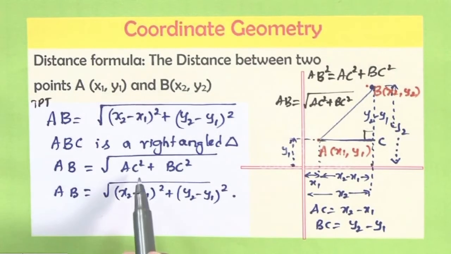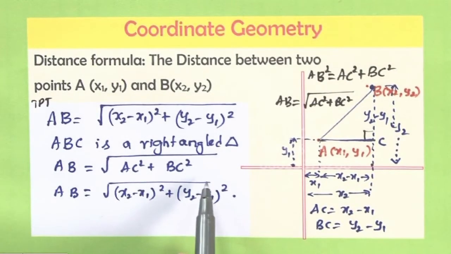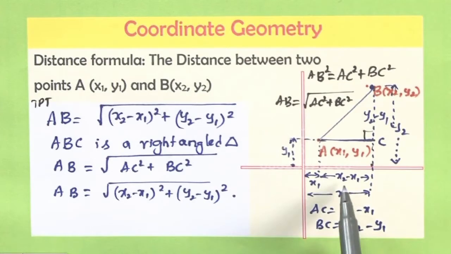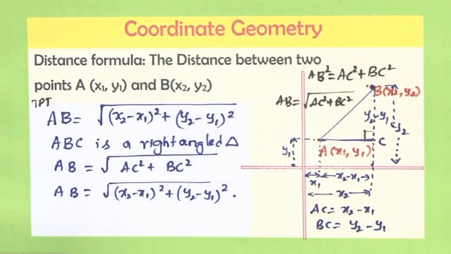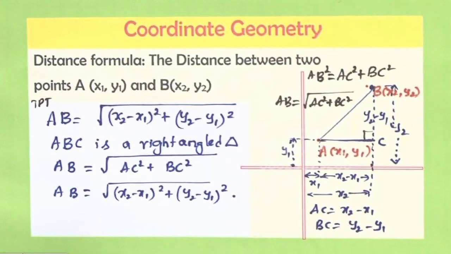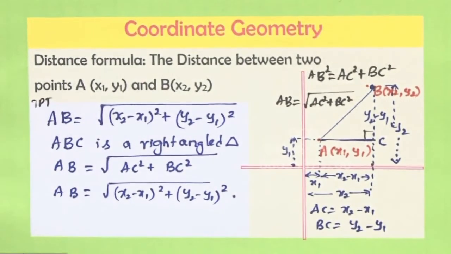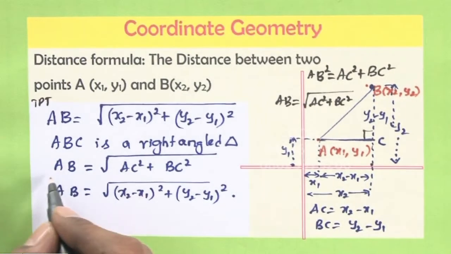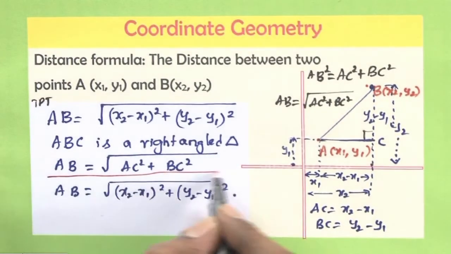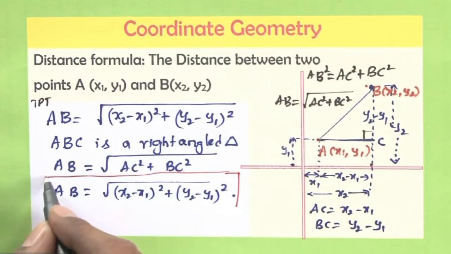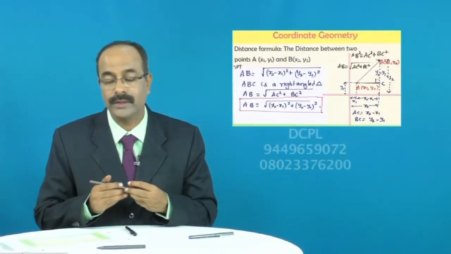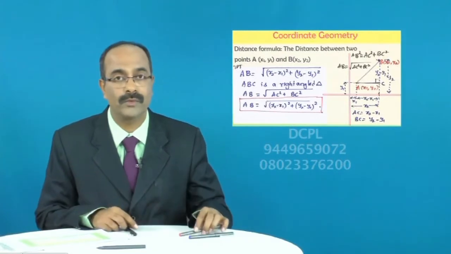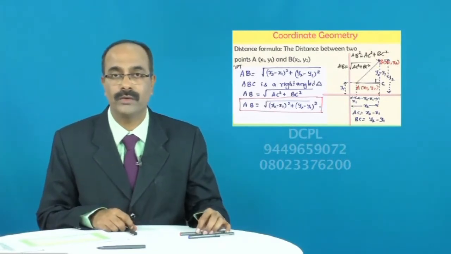So AC is given by x2 minus x1, BC is given by y2 minus y1. So it is x2 minus x1 whole square plus y2 minus y1 whole square. Length AB is always given by the square root of x2 minus x1 whole square plus y2 minus y1 whole square. Very importantly, dear students, you can also write this as the square root of x1 minus x2 whole square plus y1 minus y2 whole square.